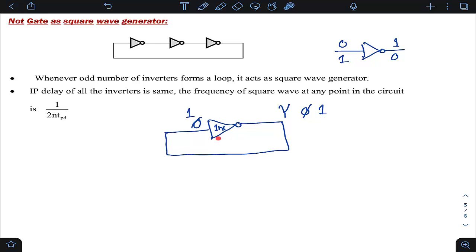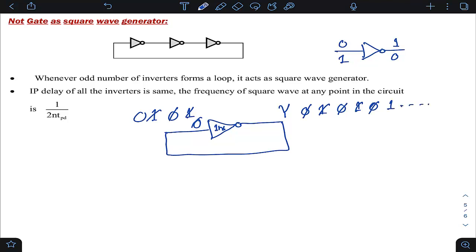Now when the input is 1 to this NOT gate, its output will be 0. The moment it is 0, this 0 will be processed again, and after 1 nanosecond it will be 1. Then this 1 will be processed and after 1 nanosecond it will be 0. Then again this 1 will be replaced by 0, and then this 0 will be replaced by 1, and this pattern will continue.